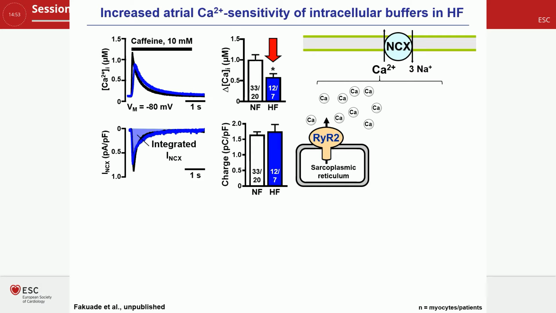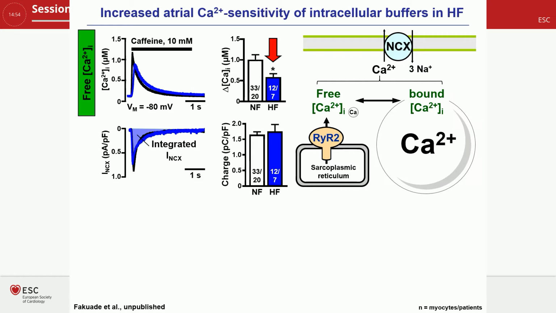It took me quite a while to understand this, and I had to go back to a famous book from Donald Bers about excitation-contraction coupling. I found something I was aware of, but didn't take into consideration: most of the calcium released during systole is bound to calcium buffers.